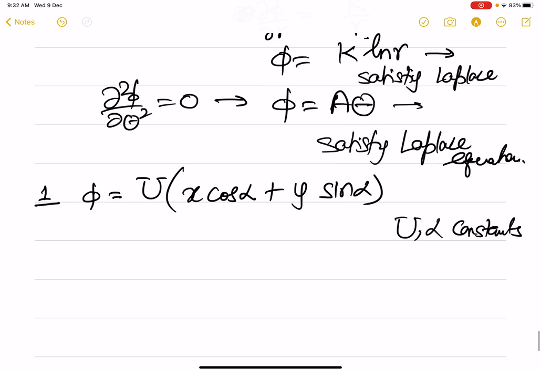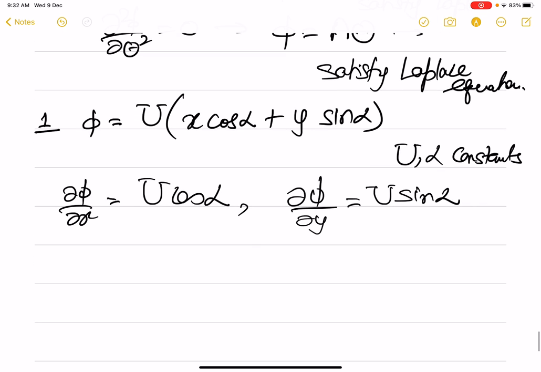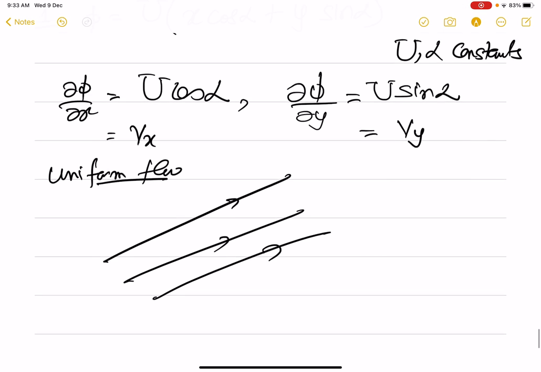Here if we look at this, partial phi by partial x is equal to U cos alpha, and partial phi by partial y is equal to U sin alpha. So that means this is Vx and this is Vy. So this is a uniform flow.